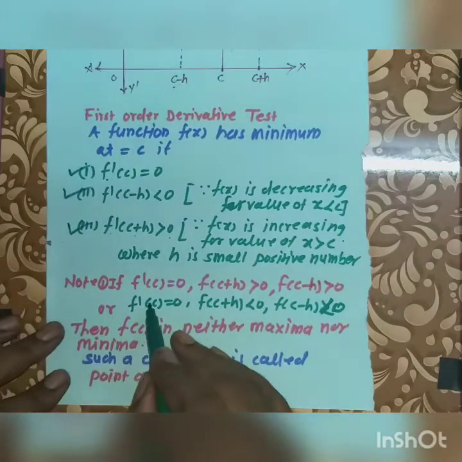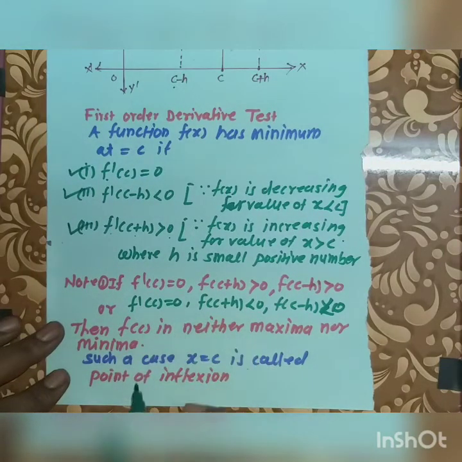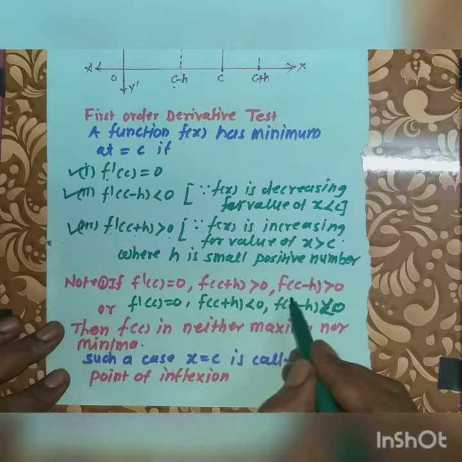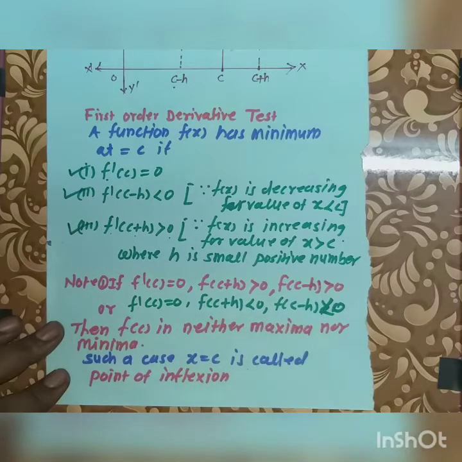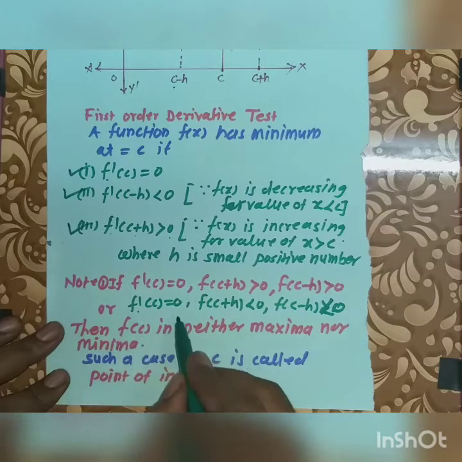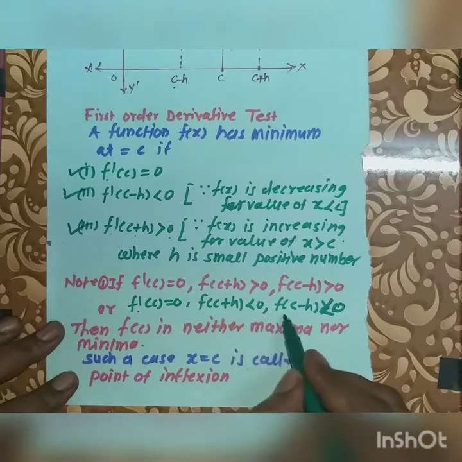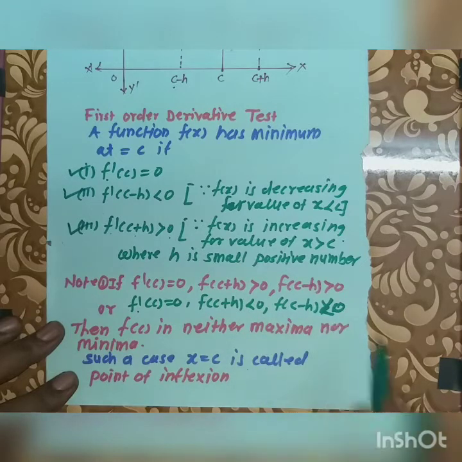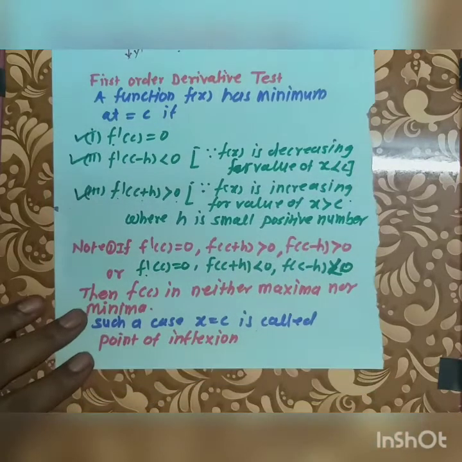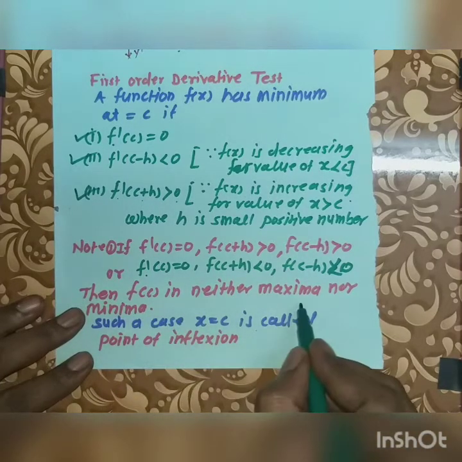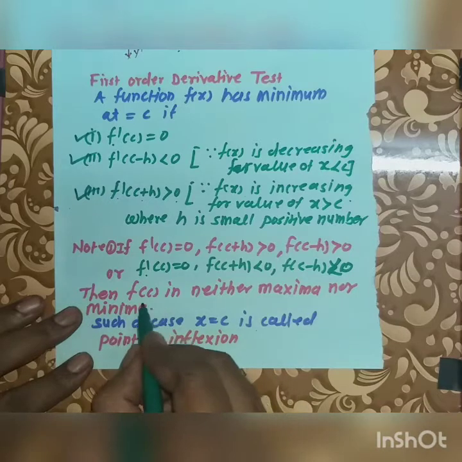Now note here, if f dash of c is equal to 0 and f dash of c plus h and f dash of c minus h are both positive, or f dash of c is equal to 0, and f dash of c plus h and f dash of c minus h are both negative, then the given function is neither maximum nor minimum at point c.